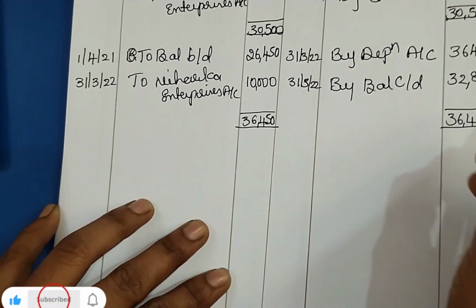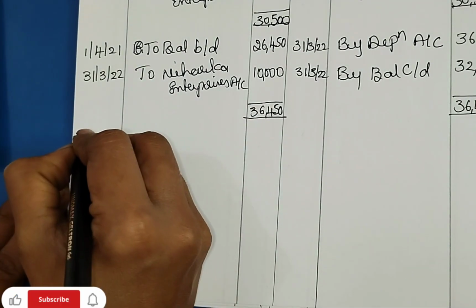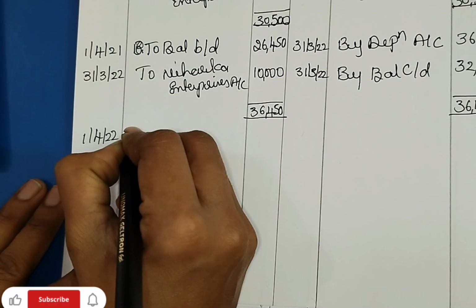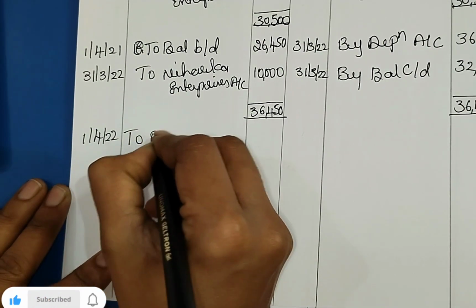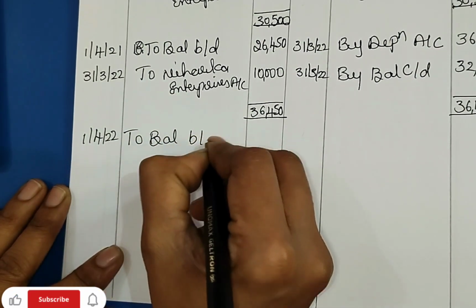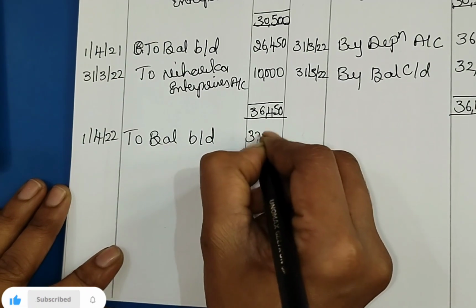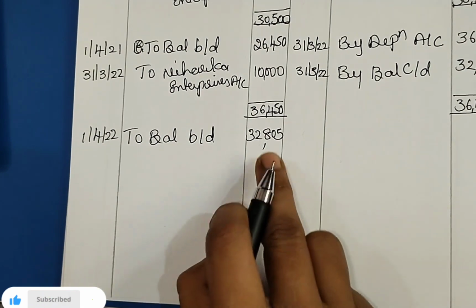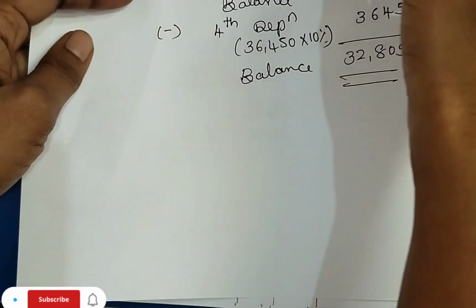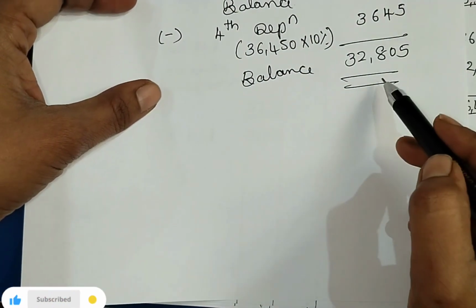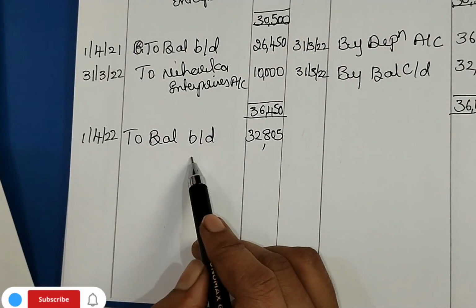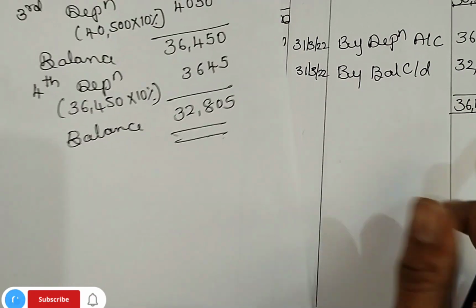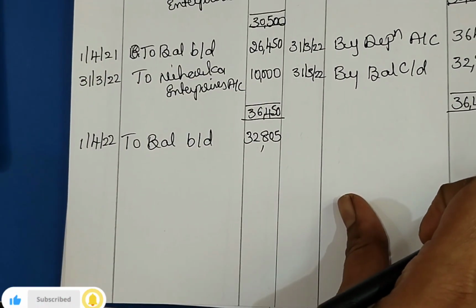Total 36,450, and we are bringing down the balance on 1st April 2022, to balance brought down 32,805. Here you can see, after calculating all the depreciation for all the 4 years, the balance and the balancing figure you have got, both are the same. It is tallying, matching. Like this you can cross check your account.